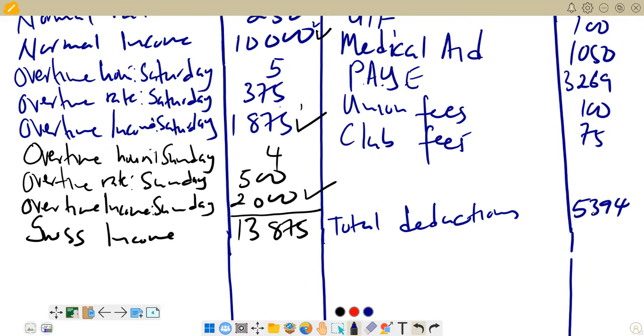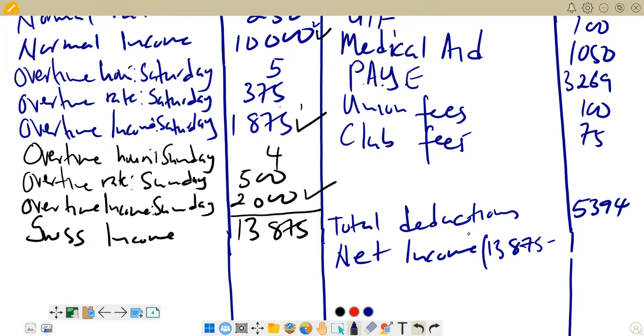Right. So this one, to get our net income now, we now say gross income. And our gross income is 13,875.